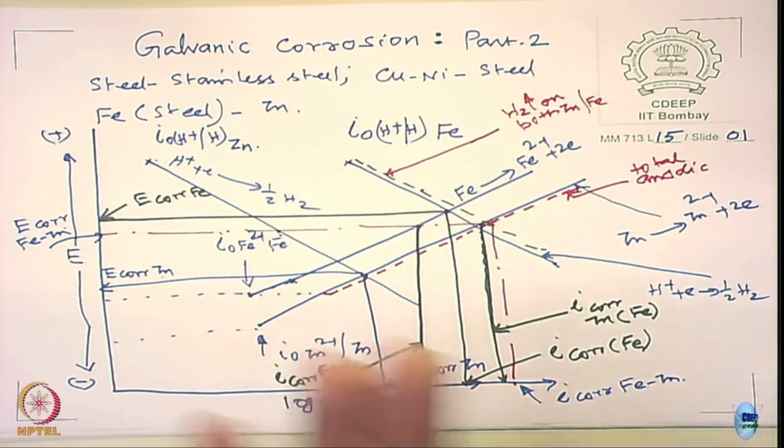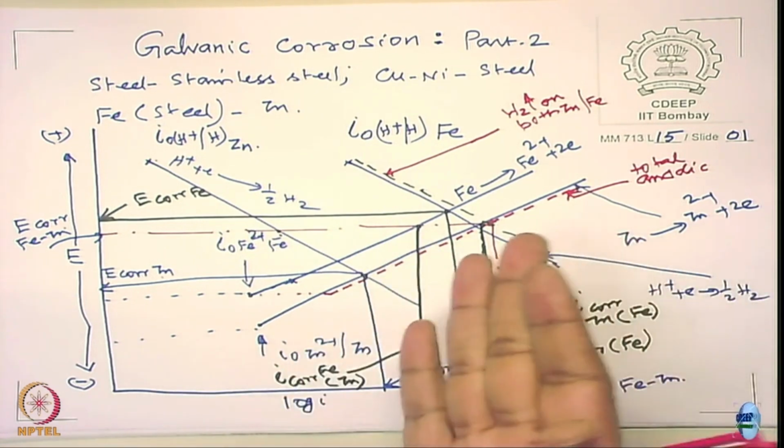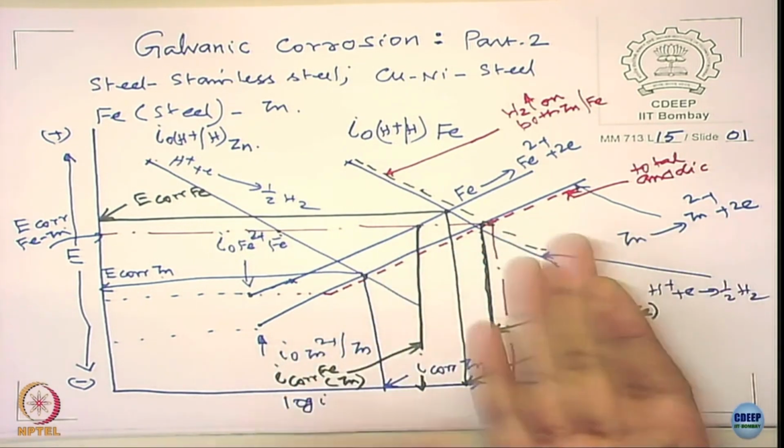So I simply added these two graphically, but you can also do it by solving the equations at various potentials, since you know the equilibrium potentials. You can also do this by writing a proper algorithm and getting these values without any problems.